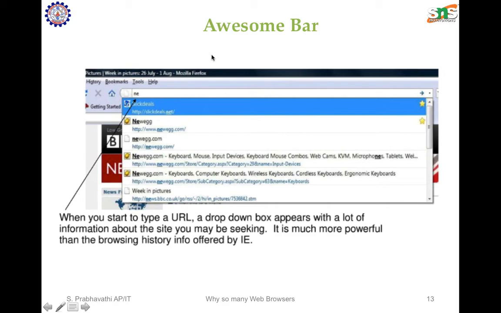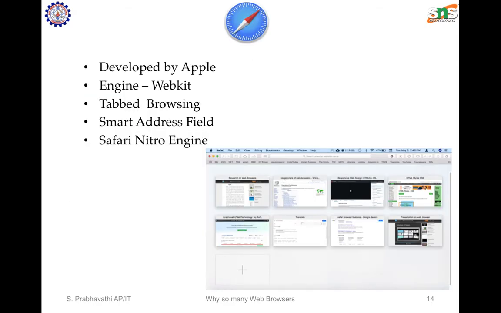When we type something in the URL bar, a drop-down appears with information about the site we are seeking. Almost all web browsers today use this concept.